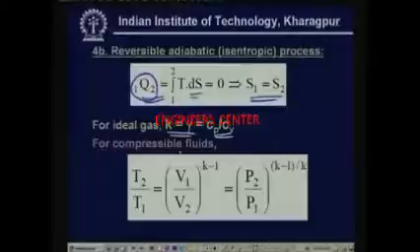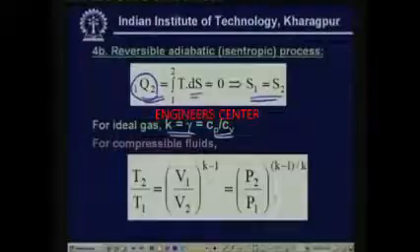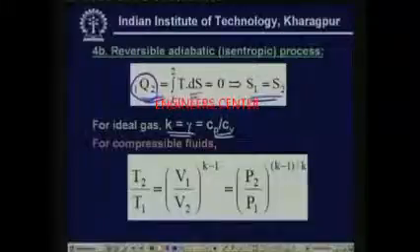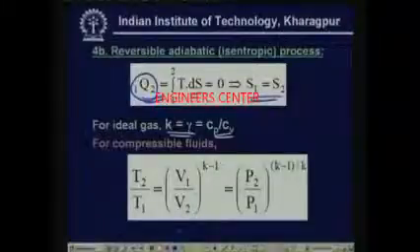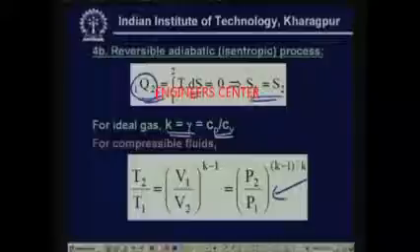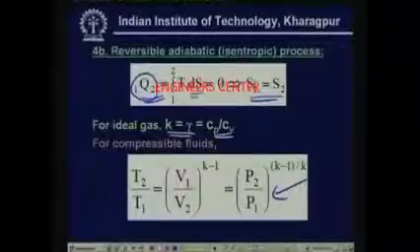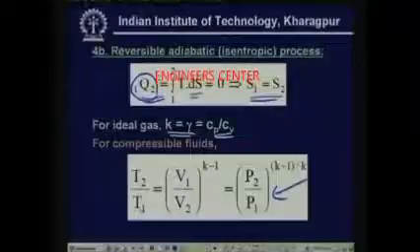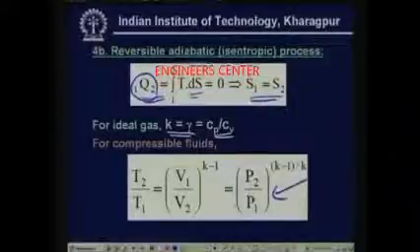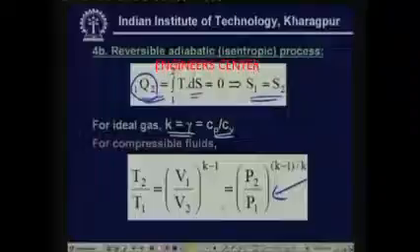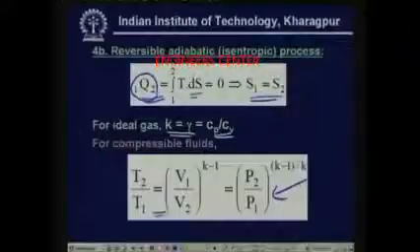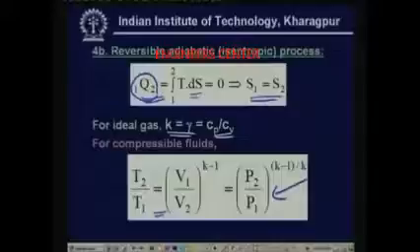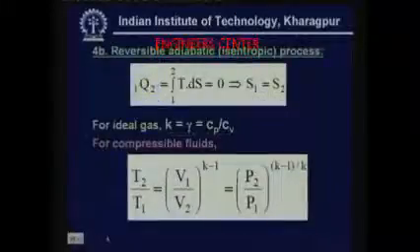For compressible fluids you get additional relations which relate the temperature with pressure ratios and volume ratios. For example, T2 by T1 is related to the pressure ratio by this relation, and to the volume ratio by this relation. These equations are very, very useful, and we shall see their use when we perform the actual refrigeration calculations.